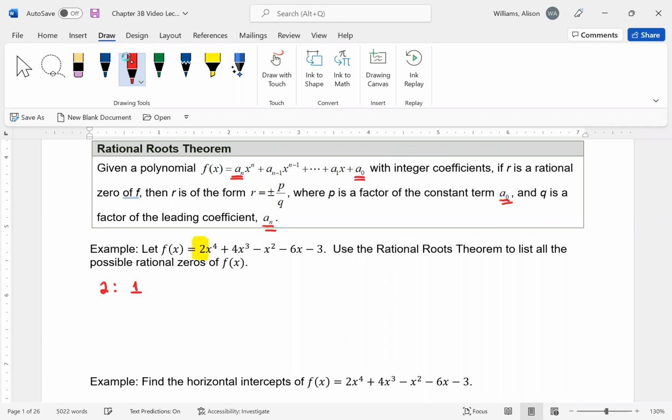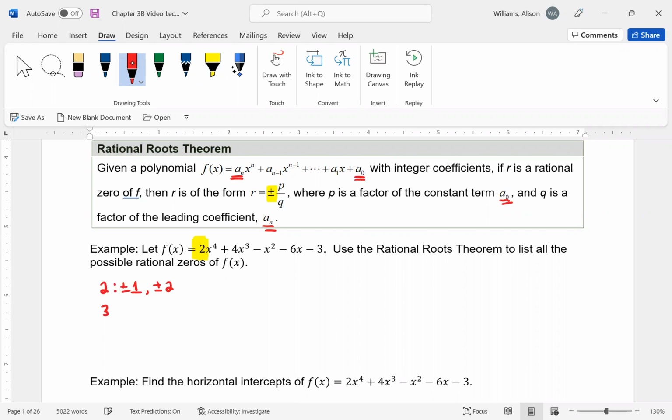So 1 and 2. But technically, we're going to include positive and negative combinations of 1 and positive and negative combinations of 2. And you'll notice that that's actually in the theorem up here, right? They have a plus or minus because they're including possible positive negative combinations as well. Okay, so 3.